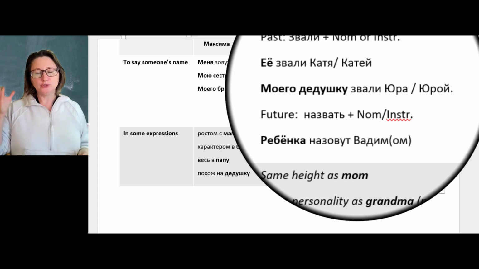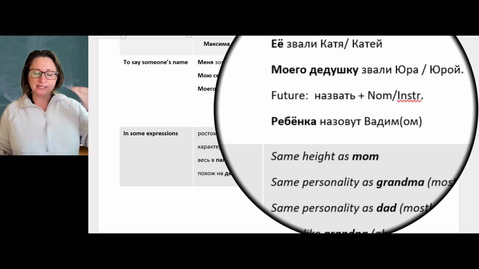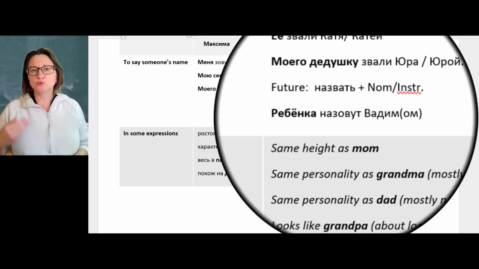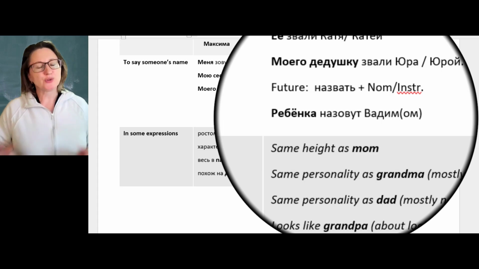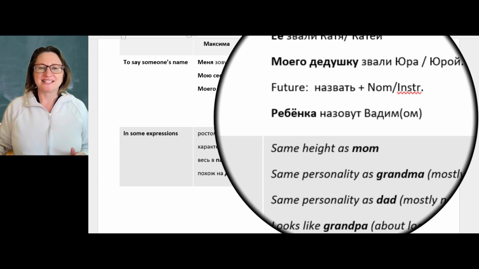Юра, nominative, Юрой, instrumental. For the future, we switch to назвать, like to give a name to somebody. Ребенка назовут Вадим. Ребенка назовут Вадимом. Вадим, nominative, Вадимом, instrumental.